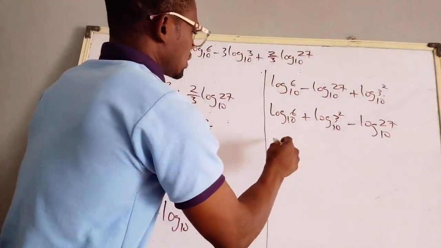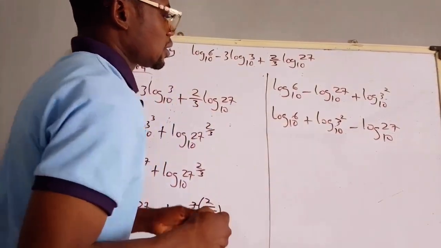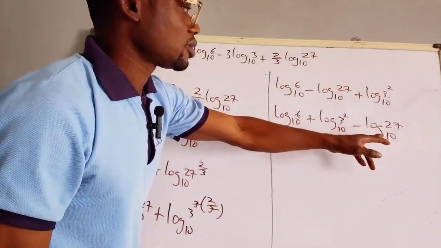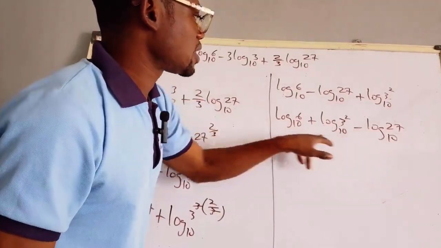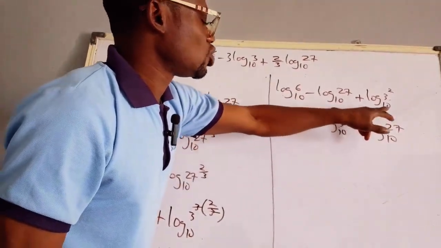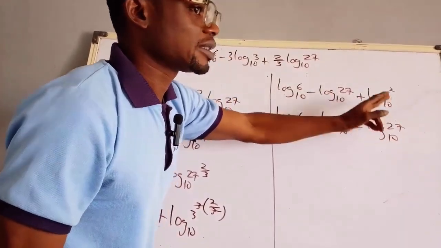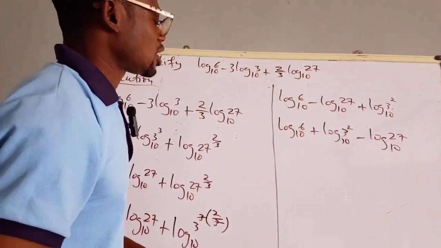Such that I can say this one now, obeying the laws of logarithm. When it is minus, it shows there has to be division. When logarithms of the same base are minusing themselves, you take one of the logarithms and divide the exponents.